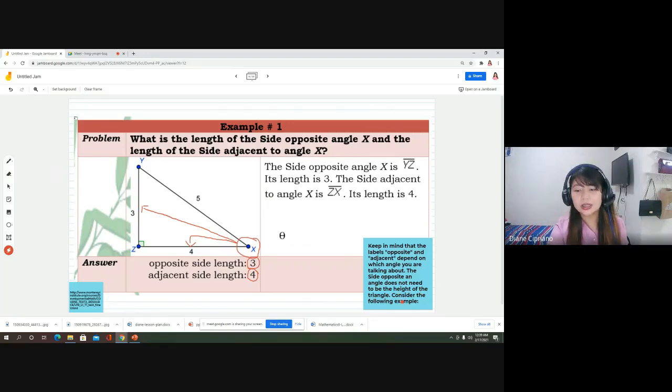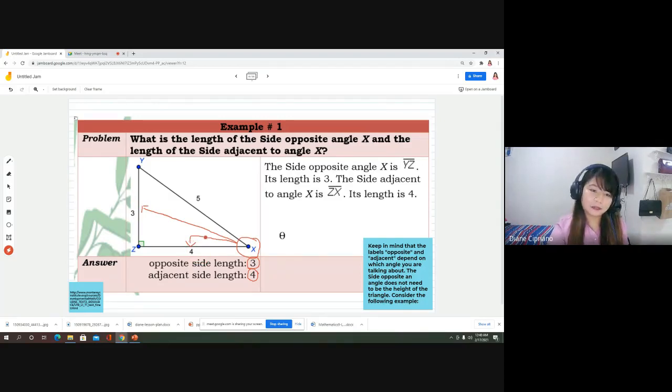Consider the following example, like this. So what does it tell? The opposite and the adjacent side are always referring to the given angle. So in this example, this is the given angle, therefore this is the opposite and this is the adjacent.